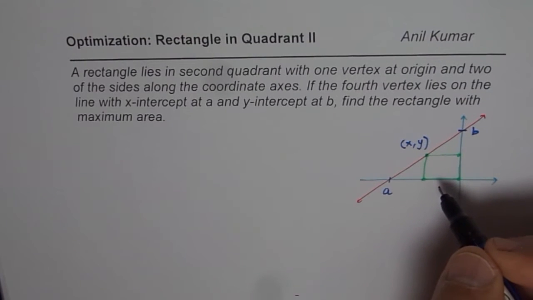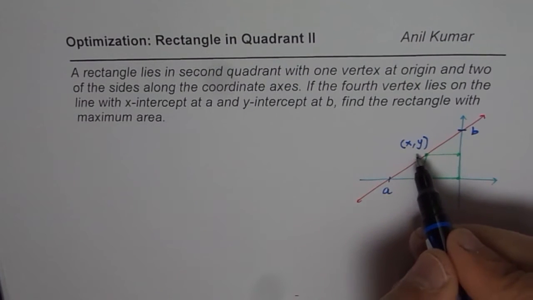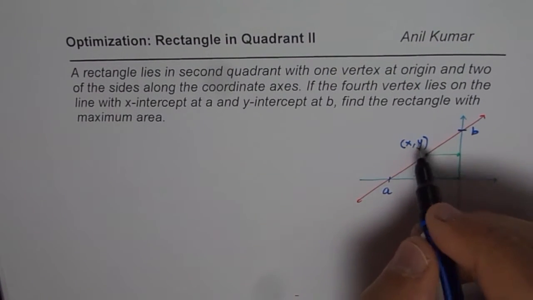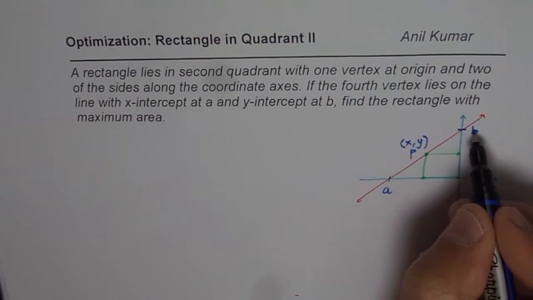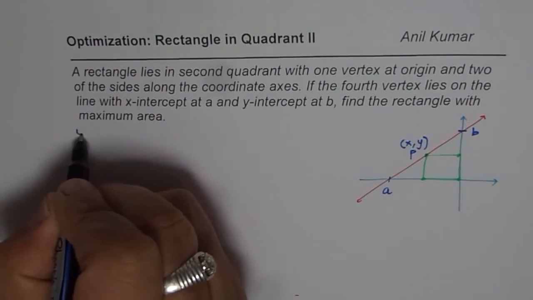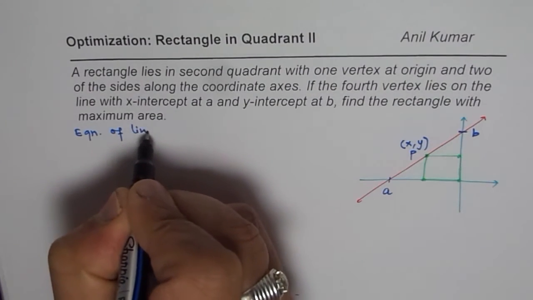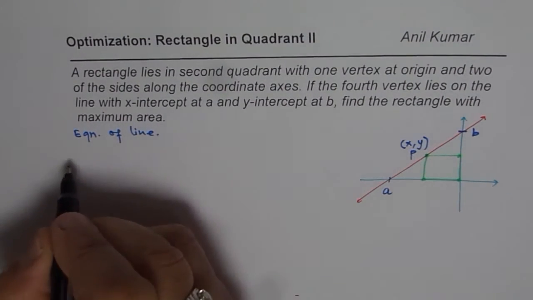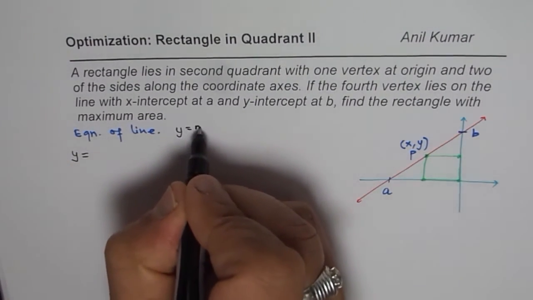So I'll approach this by finding the equation of the line itself so that I directly get a relation between x and y. So consider a point P on the line with x-intercept A and y-intercept B. In that case, what is the equation of the line? The equation of the line will be y equals mx plus b, you know that, right?